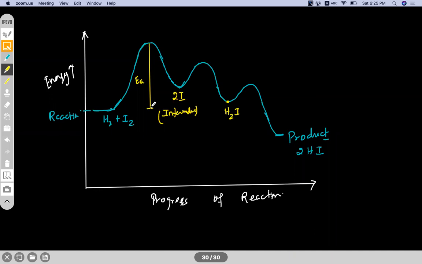This is the activation energy of the second step. So EA1 for the first step, EA2 for the second step, and this is the activation energy for the third step, EA3.